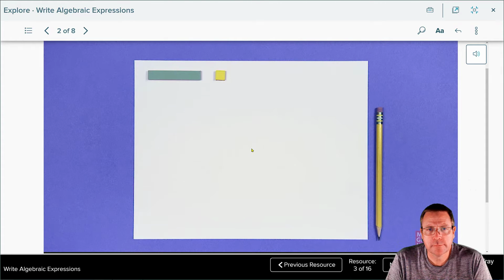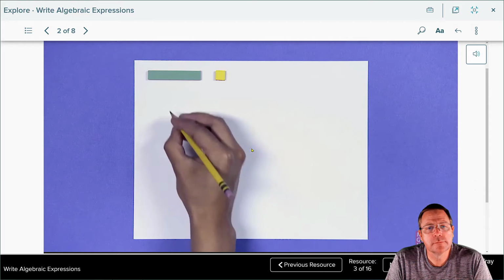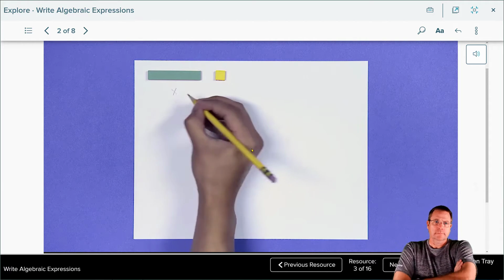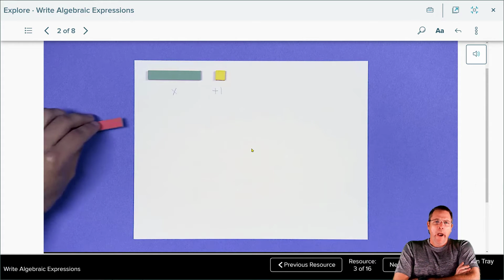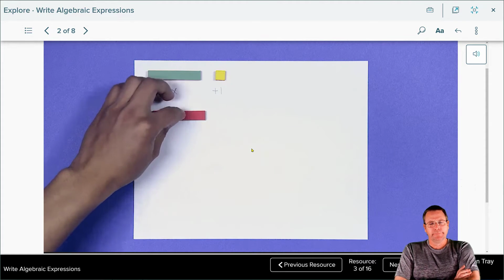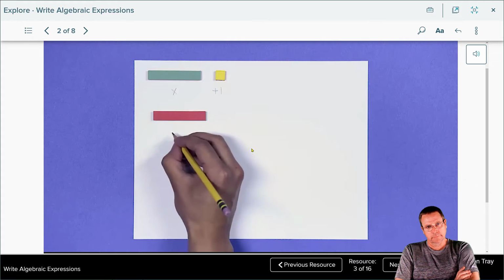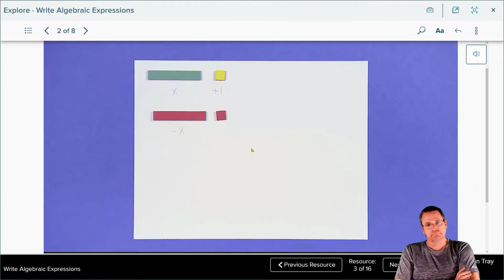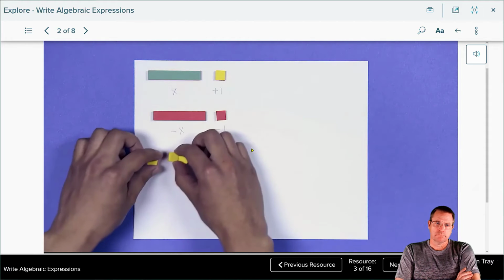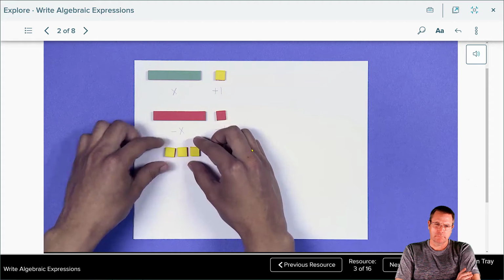When using algebra tiles, positive X tiles are green and positive 1 tiles are yellow. Red tiles represent negative values. A red rectangle has a value of negative X, while a red square tile has a value of negative 1. 3 positive 1 tiles represent the integer positive 3.